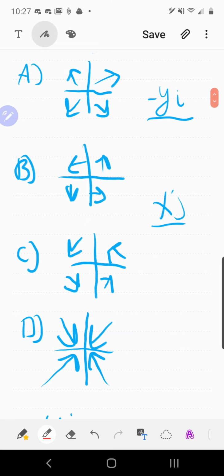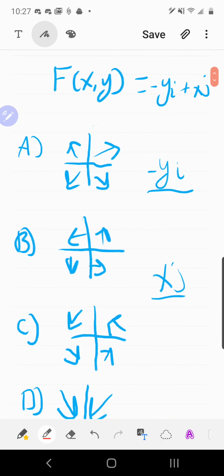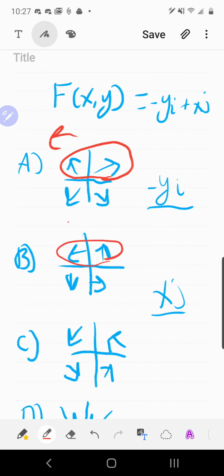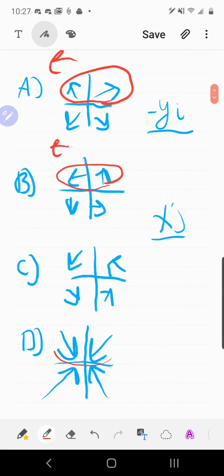For positive values of y, we're going to point to the left. Which one is true? It's left. So on the top, we have to have both of our vector directions pointing to the left. That is not true here. It is also not true here, and it is also not true here.